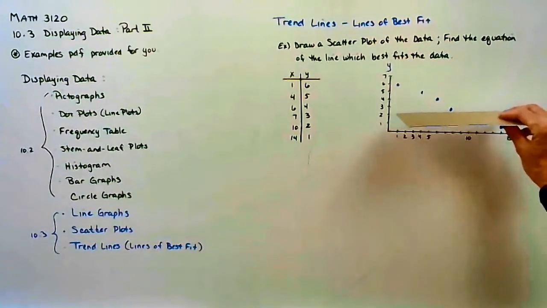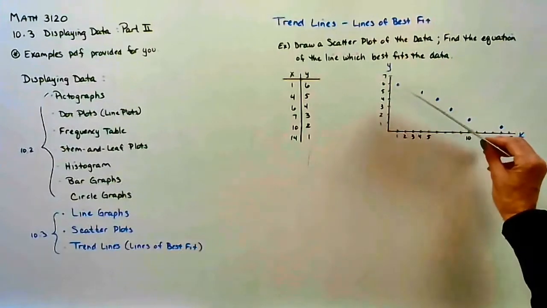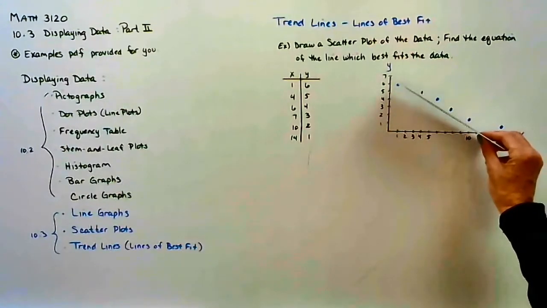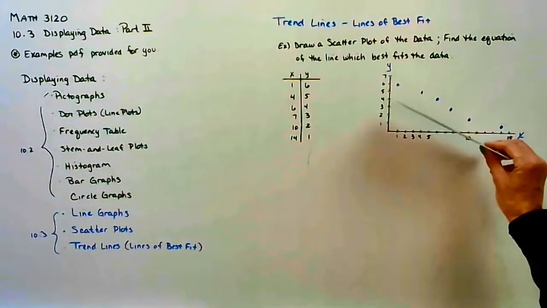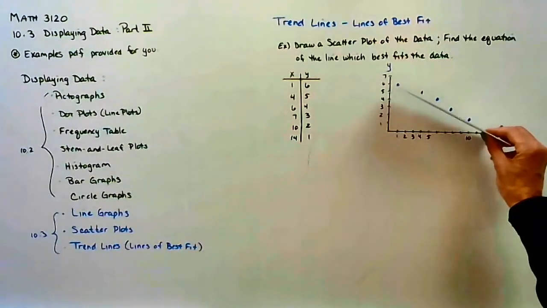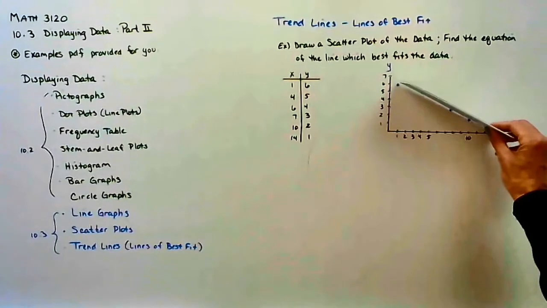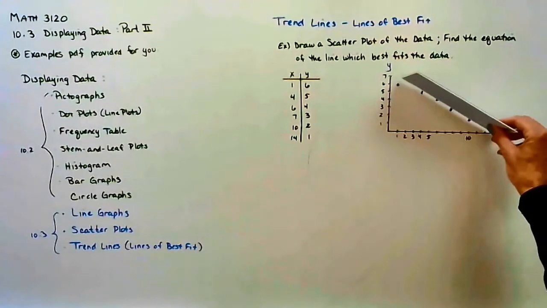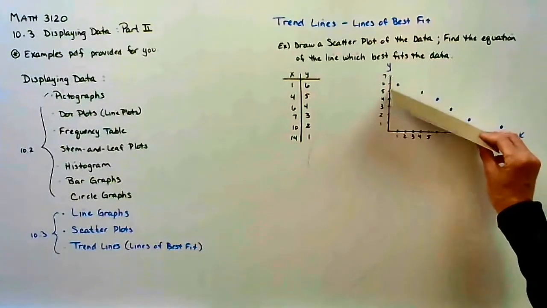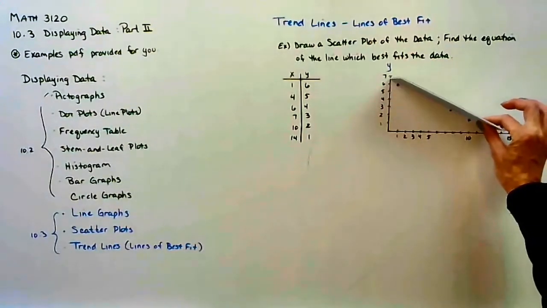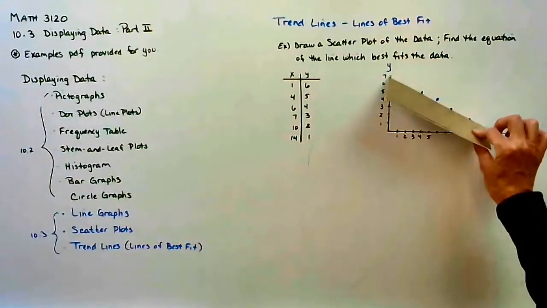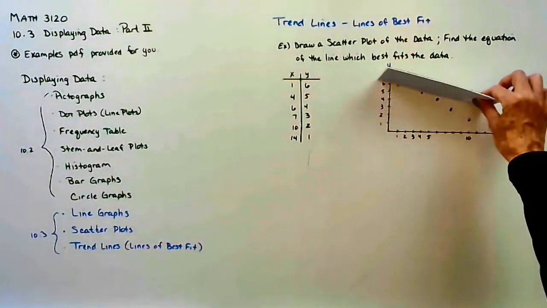I want to try to position this so that when I position this line, like let's say I position it right here, I want to have, going through as many points as possible, a line which best depicts all of these data points. So I want to pick 2 points that make it look like this line or ruler has half the data points below it and half the data points above it.